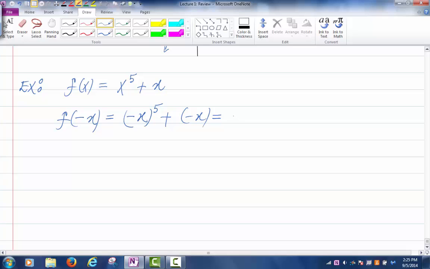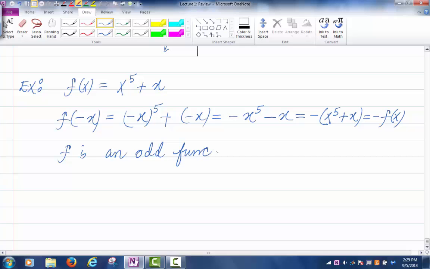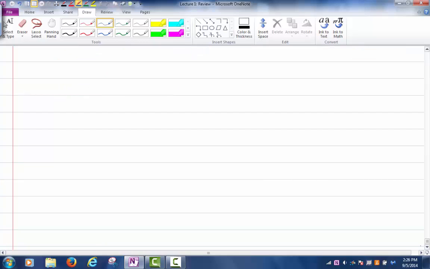And notice that negative x to the 5 is negative x to the 5 and minus x. And then if you factor out the negative, you get x to the 5 plus x. And that's exactly the negative of f of x, right? So I see that f of negative x is the opposite of f of x. So this is odd. So f is an odd function, right? Again, if you have an odd function, it means that the graph of the function is symmetric about the origin.